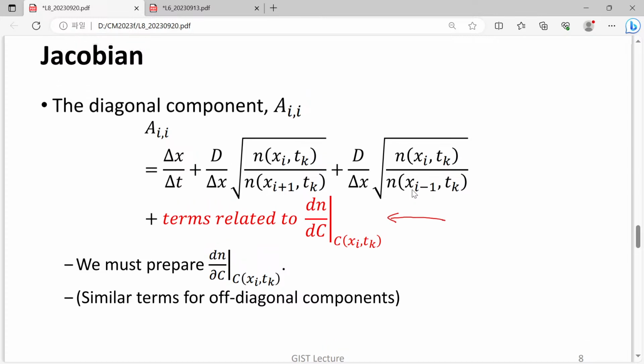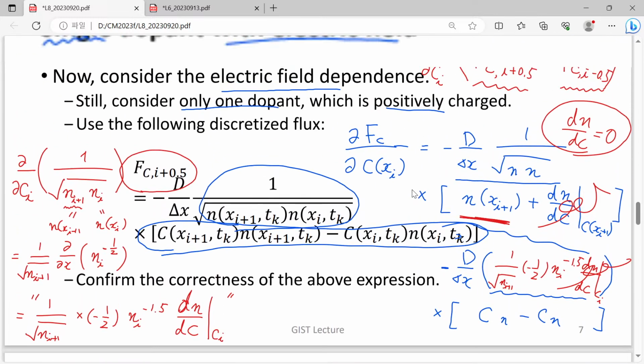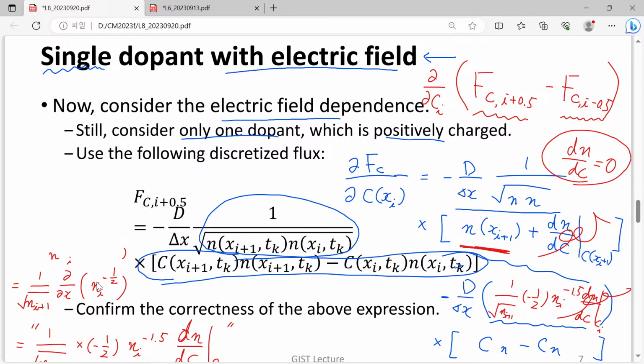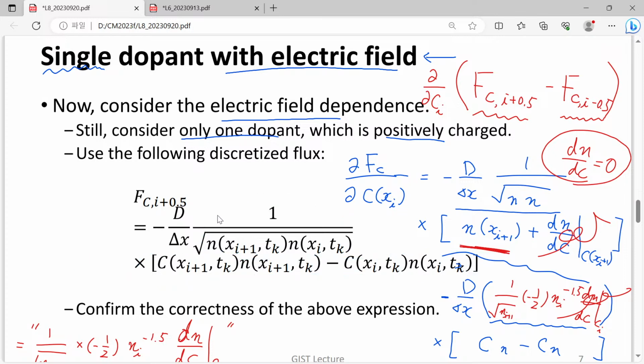I mean that in general, evaluation of Jacobian entries in this flux term with drift effect is not that straightforward, and we have many additional terms in it. So at first glance, it seems not very easy, or not that accessible to you.